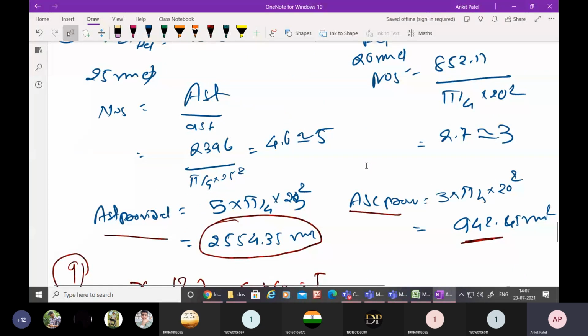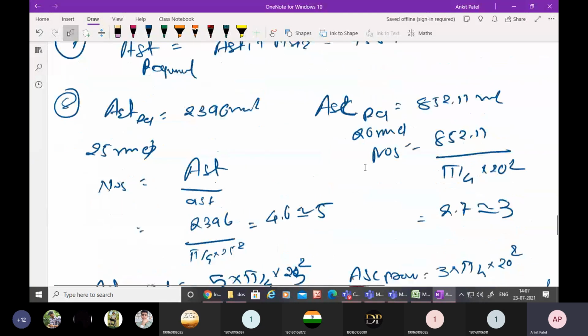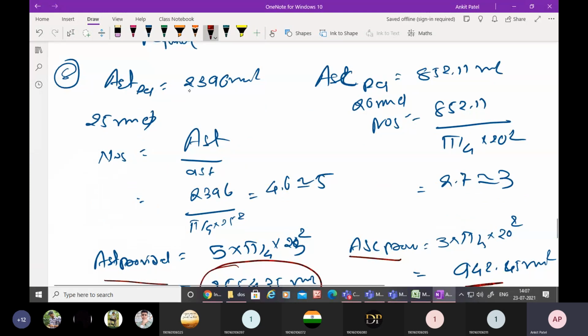Now look at this, the requirement is 2396. So now let's change this diameter. Instead of using 25 mm diameter, let's use 20 mm diameter.